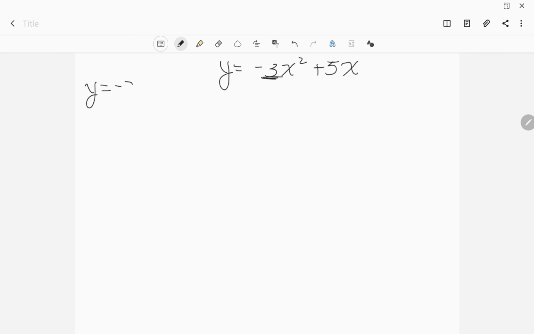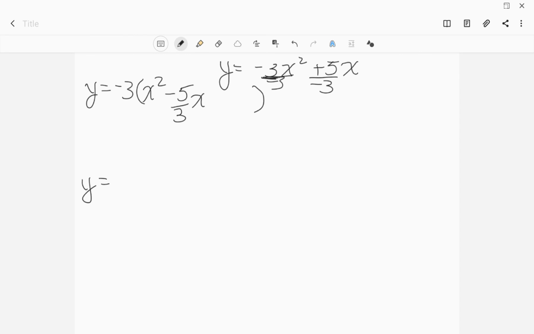So when I take a negative 3 out of here, I end up with x squared. But if I take a negative 3 out of here, I end up with minus 5 over 3x. Well, that's disgusting. I now have to complete the square with a fraction.